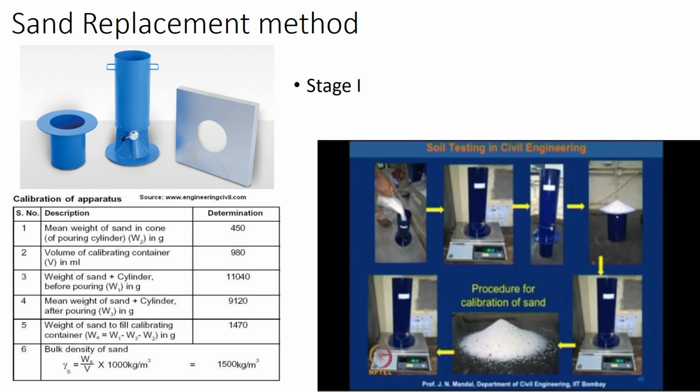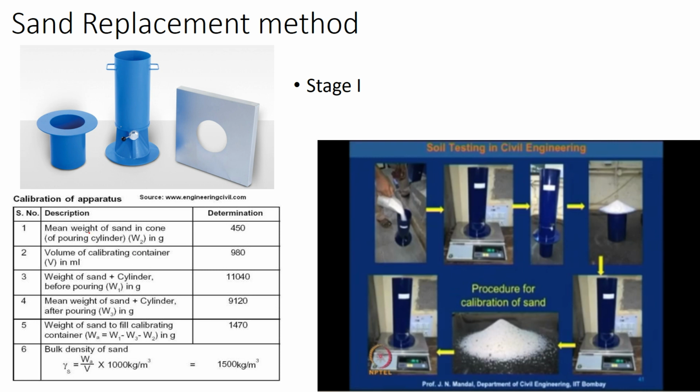Now when you subtract this cone weight, you are getting exactly the sand that is filling the can. So that's why this conical portion is provided in the cylinder, so that the cone formed inside the cylinder is avoided, and we get exactly how much sand is being filled in the can.